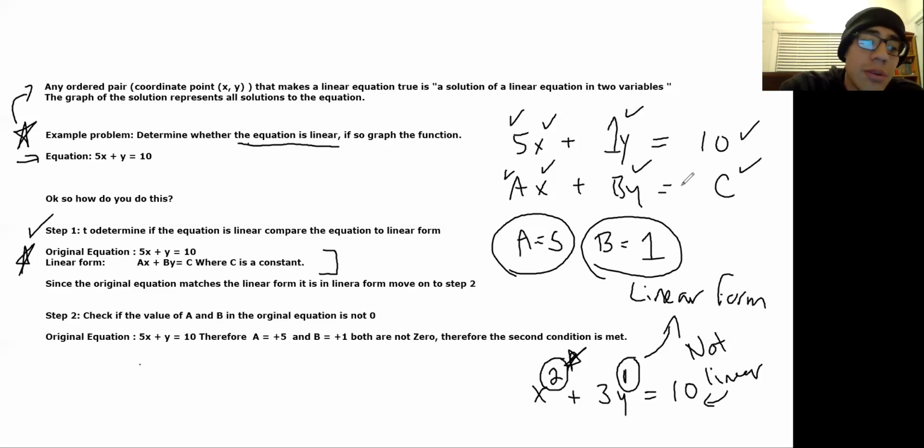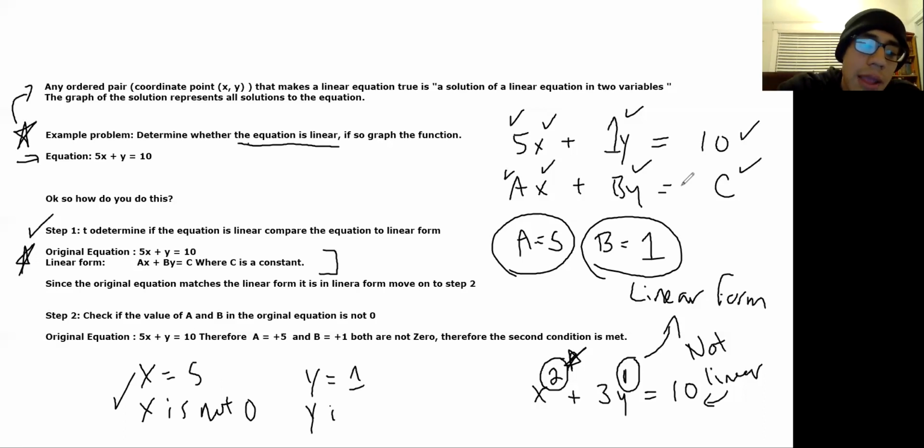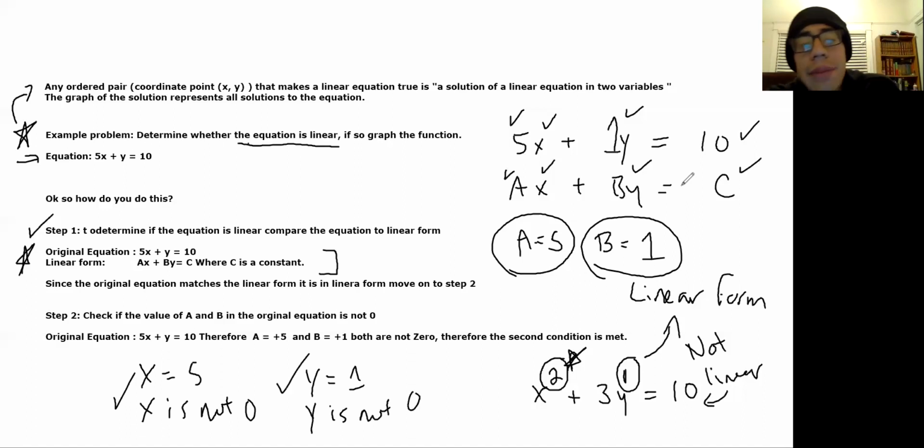So since a is 5, a is not 0, which is good. That checks it off. b happens to be 1, which means that b is not 0. That checks off. All right, so we've established that that follows the next rule. Therefore, the second condition is met. If the second condition is met, we can move on to the next thing.